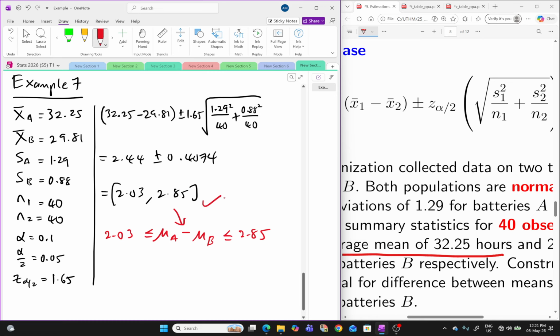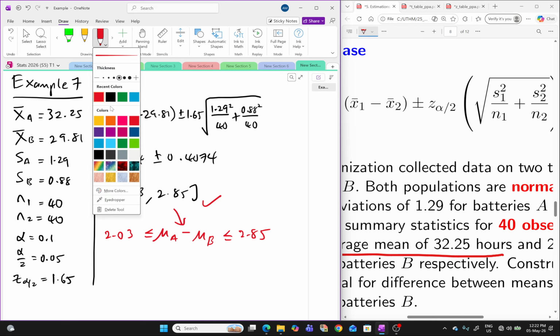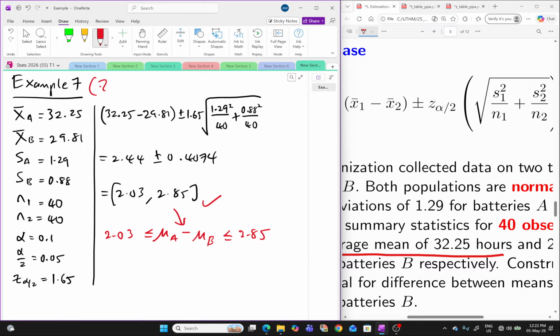This is sufficient. So example 7 is Z. I just put here Z table.